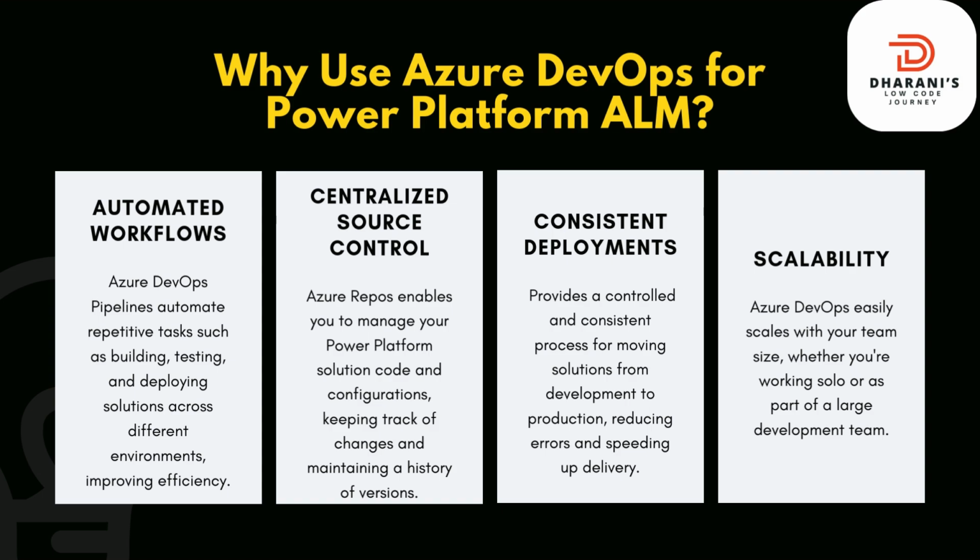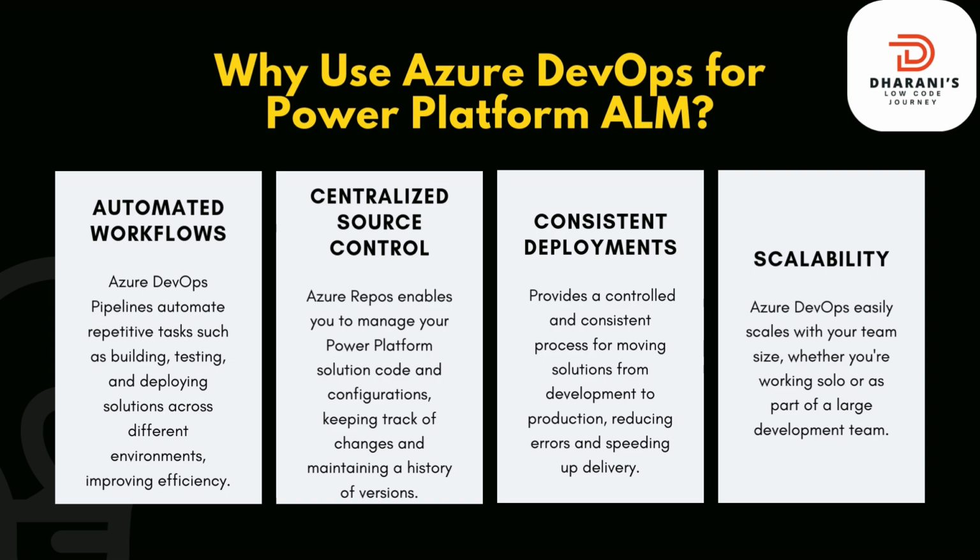Imagine not having to manually move your changes from development to production. DevOps handles that for you with a few clicks. This not only saves a lot of time, but also minimizes errors, keeping everything consistent across your environments.